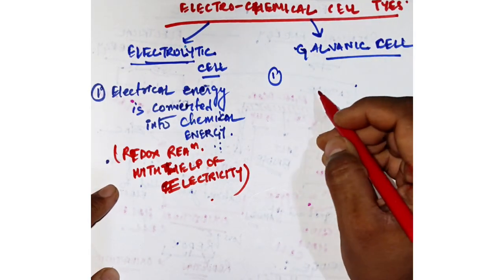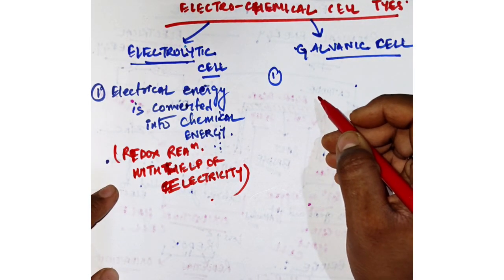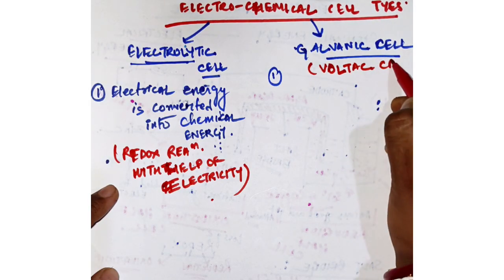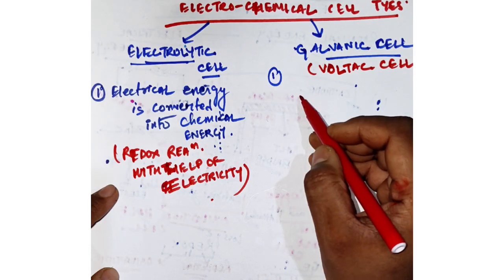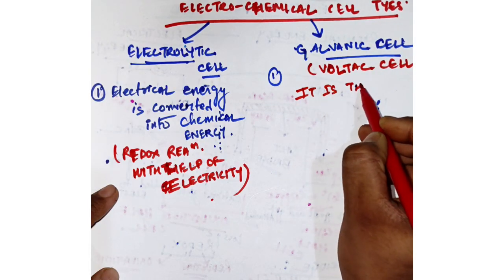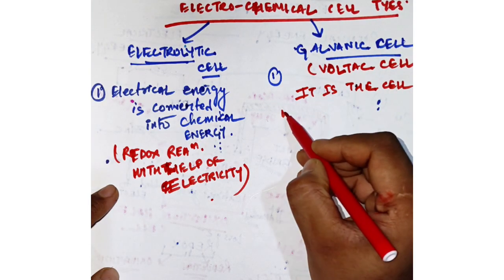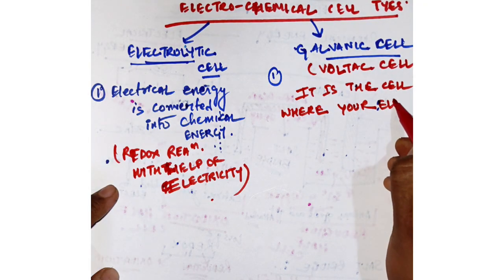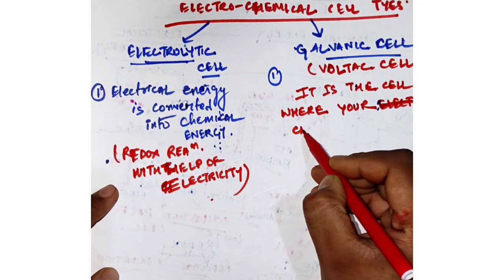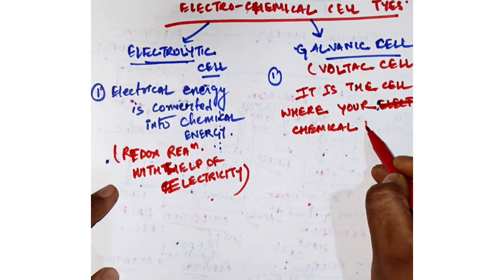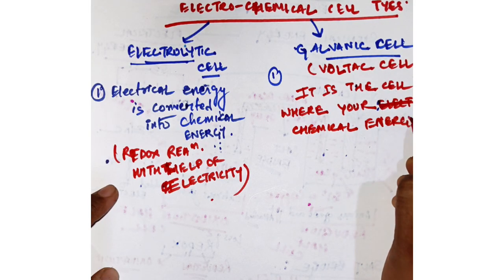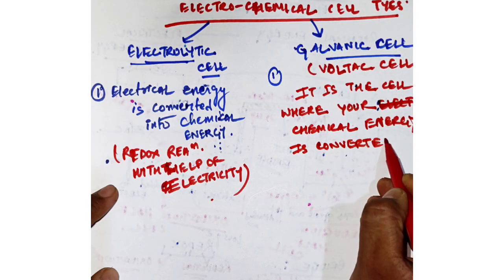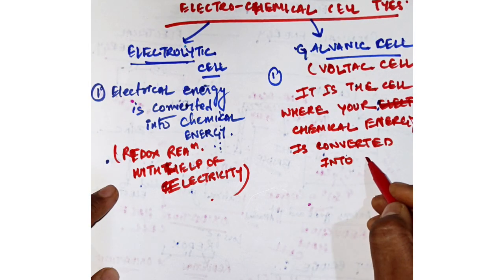Whereas in the case of the galvanic cell, which is also called the voltaic cell, so don't get confused, it is the same thing. It is the cell where chemical energy is converted into electrical energy.